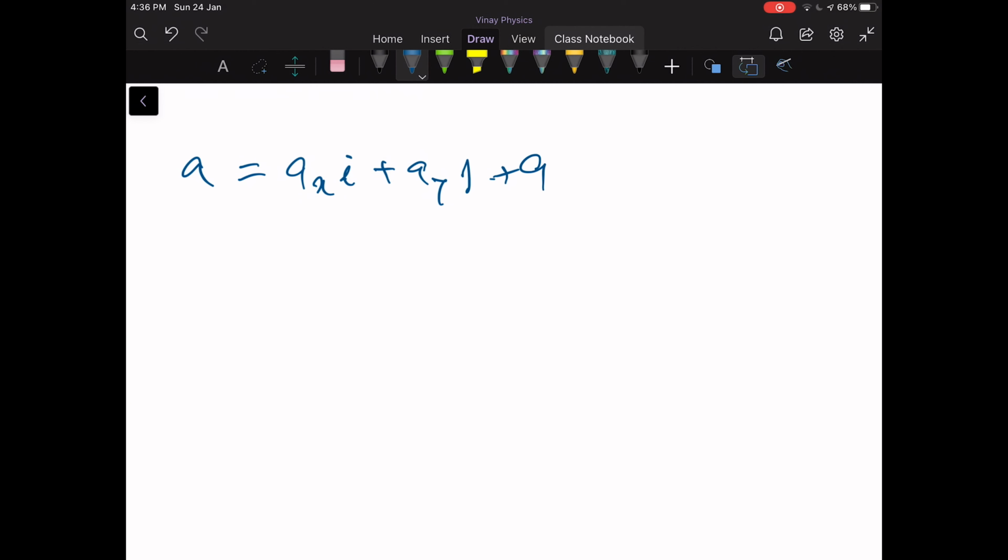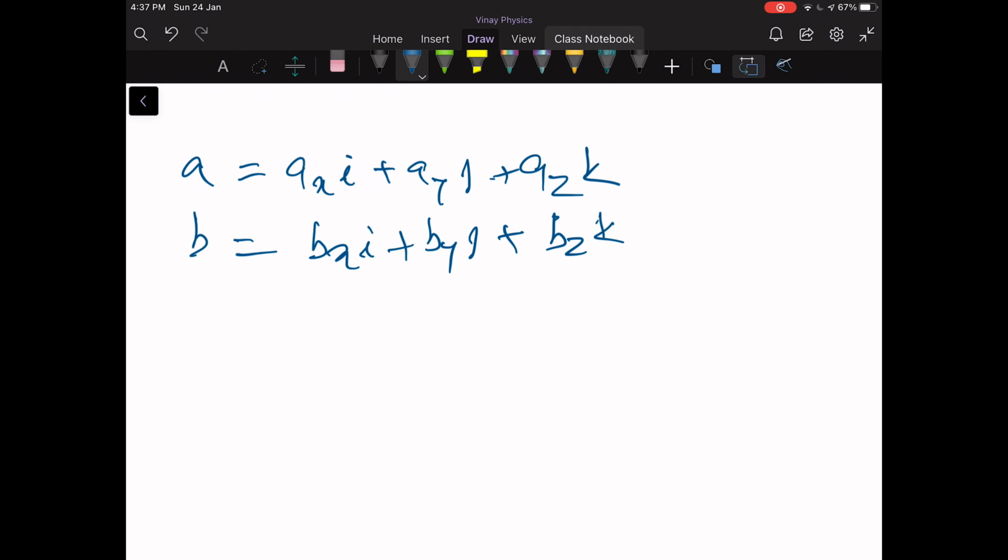A equals AX i plus AY j plus AZ k, and B is equal to BX i plus BY j plus BZ k, and we know, as we have already talked about, i cross j will become k, and i cross i will become 0. So once we multiply, let us take AX i first and multiply it with B. Multiplying AX i with BX i, we get 0.